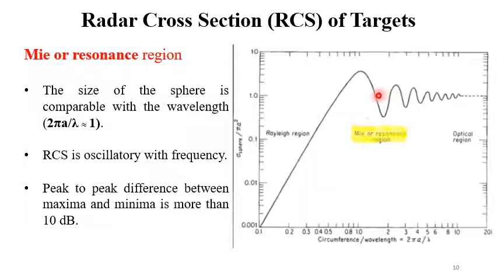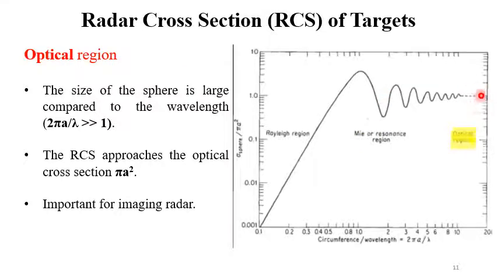That means sometimes the radar cross section becomes larger compared to its geometric area. Sometimes it is lesser, and it is dependent on the frequency. The peak-to-peak difference between the maxima and minima is more than 10 dB. So this is the characteristics of this region.